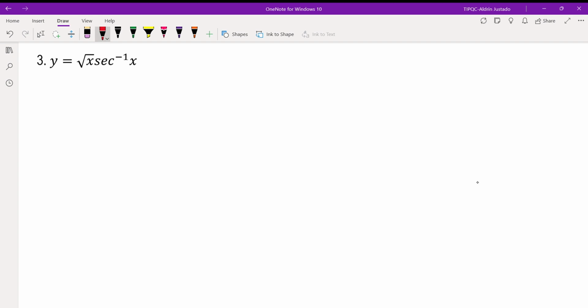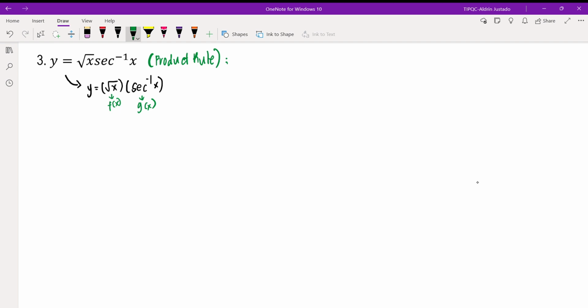So let's use the product rule to differentiate this. We can write this as y is equal to square root of x times arc secant of x. Let's assume that square root of x is f of x and arc secant of x is g of x.